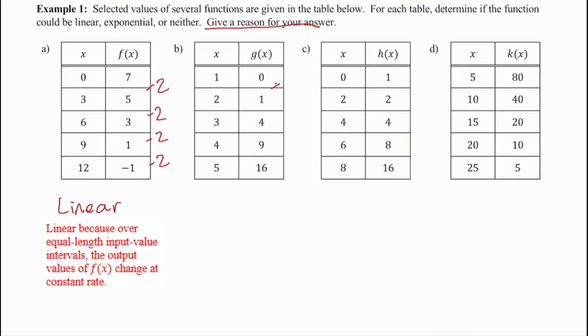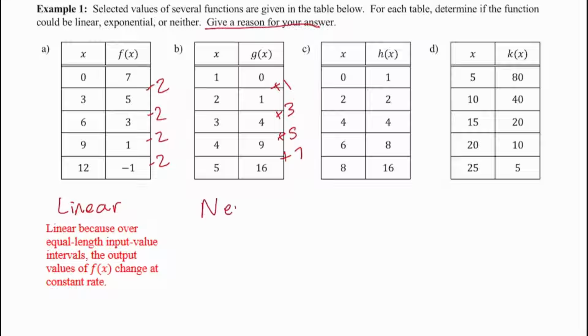This one is +1 at first, then +3, then +5, and then +7. So we know that's not linear, since the changes are all different. But we do see it goes up by +2 on the next go, meaning it's quadratic and not linear or exponential, so it's neither.